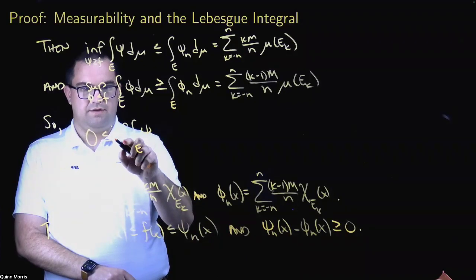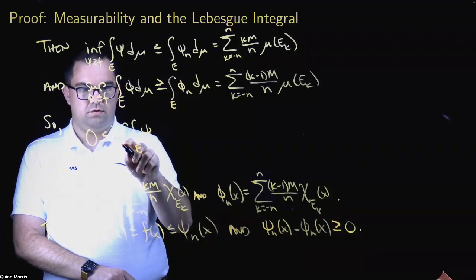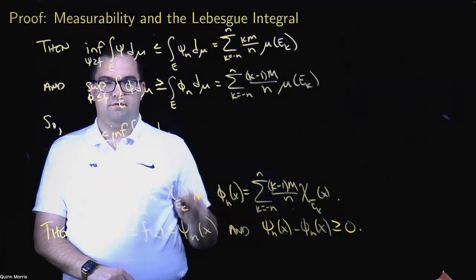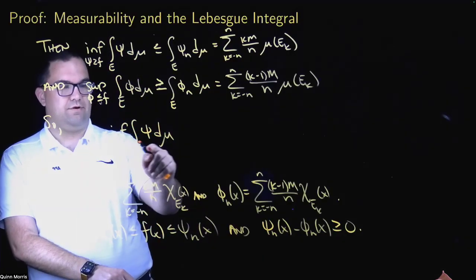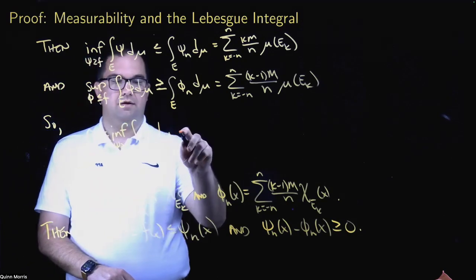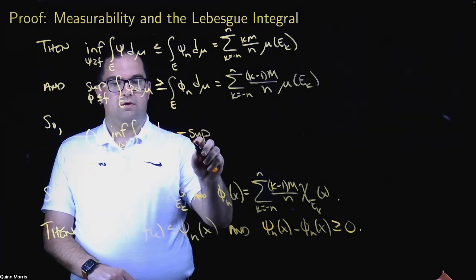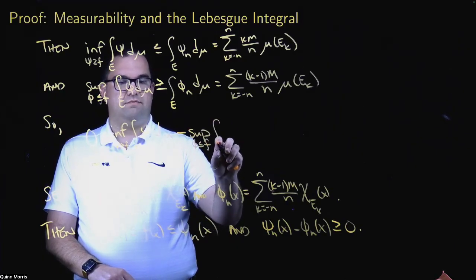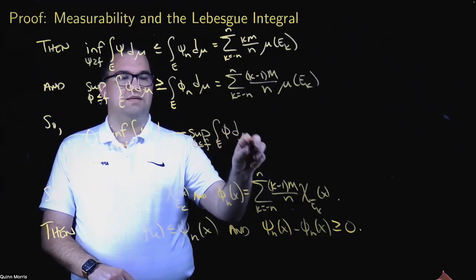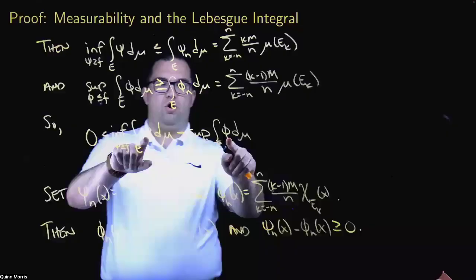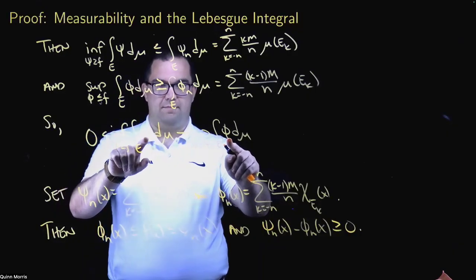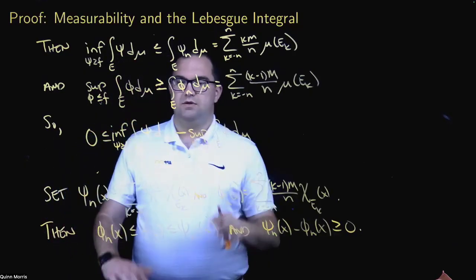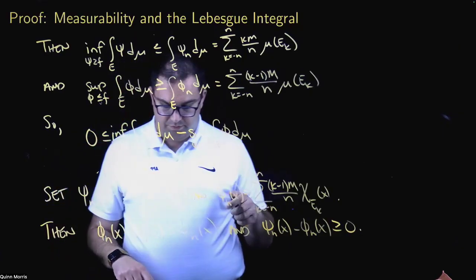So certainly, if I look at the infimum over all simple functions psi which are greater than or equal to f of the integral over e of psi, minus the supremum over all simple functions phi less than or equal to f of the integral over e of phi d mu, this certainly has to be positive. All of these lie above all of these, and so by monotonicity, these integrals all have to be greater than these integrals. So the differences here must be greater than or equal to 0.